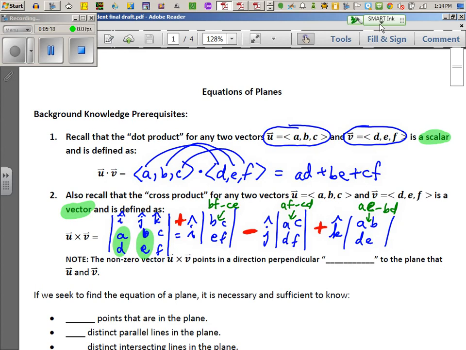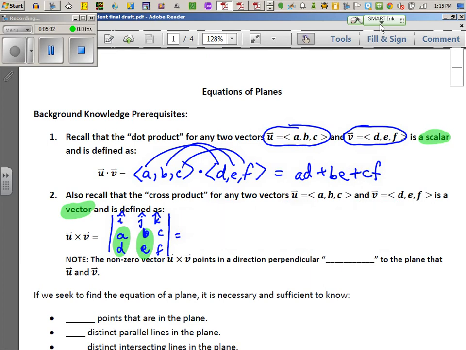And when you get a non-zero vector like that, know that this answer is another vector. Okay, this is very, very important you understand this. So what I'm trying to say is you're going to get a vector answer to this thing, specifically BF minus CE, the opposite of AF minus CD, so CD minus AF is what happens here. And you're going to get an AE minus BD here. These are 3 numbers, and they represent a vector.